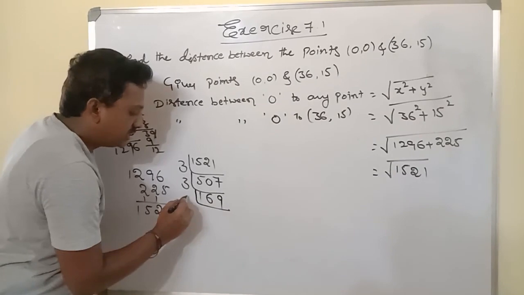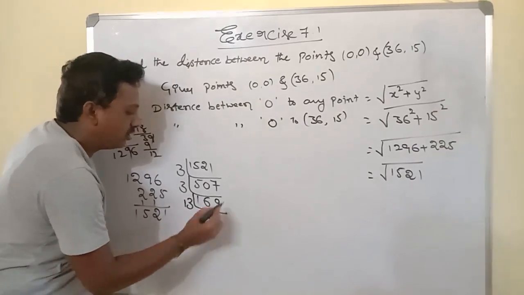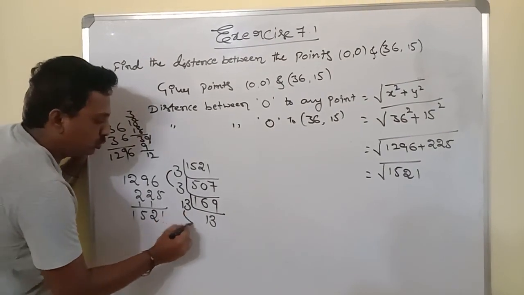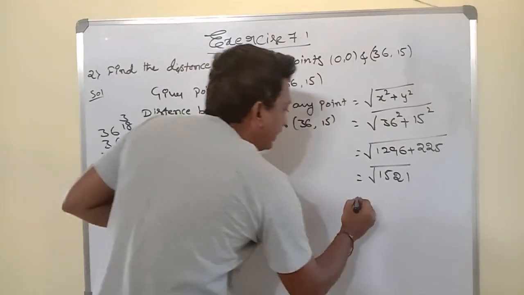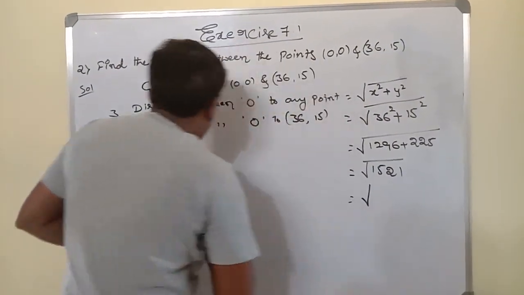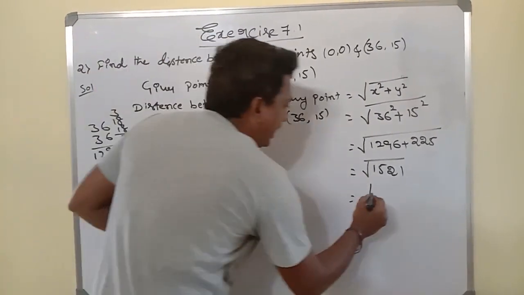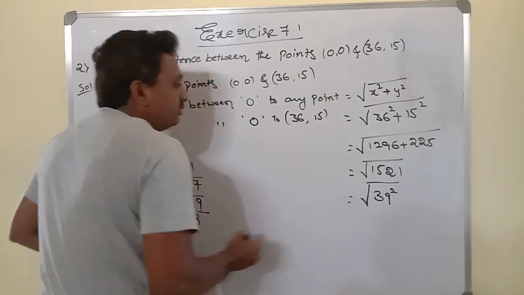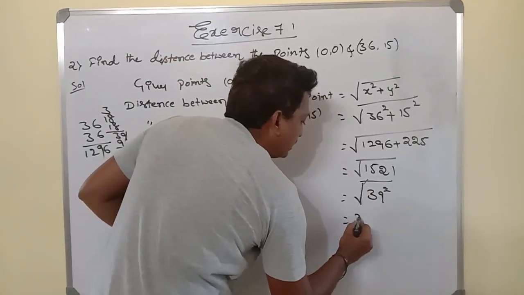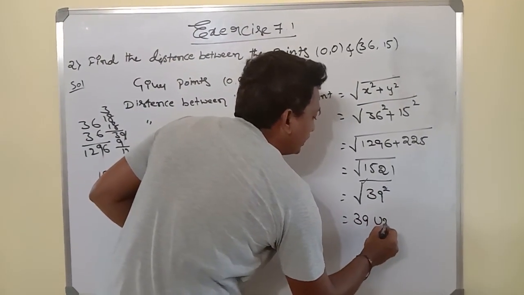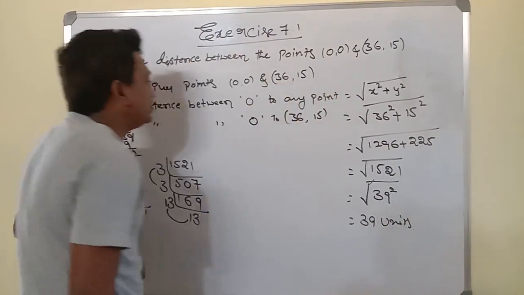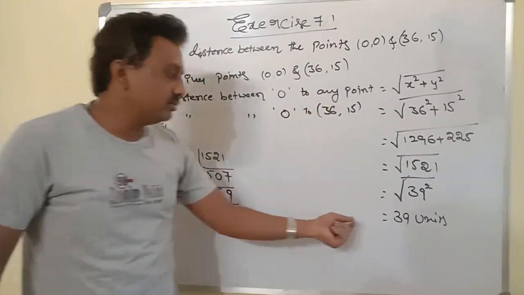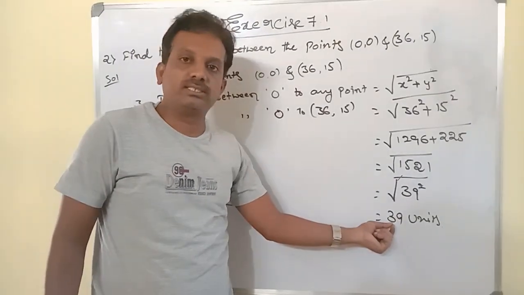So this is 13 13s are 169. So here 2 3s, 2 13s. So we can write this as the square root of 39 square. Then the square and the square root get cancelled. That is 39 units. So the distance between the origin and (36, 15) is 39 units.